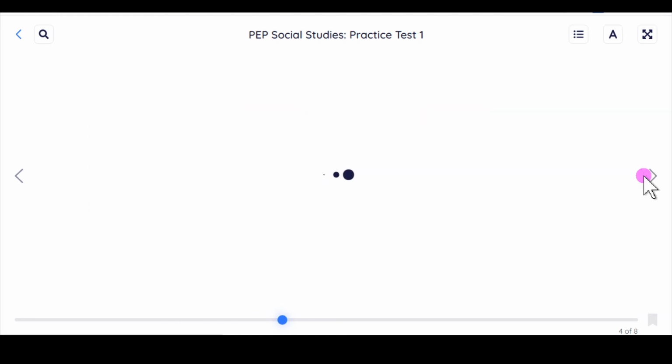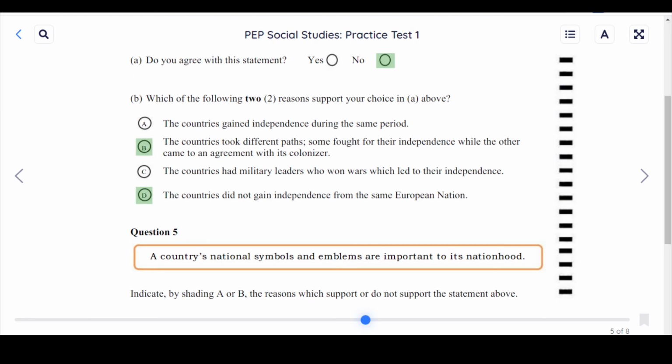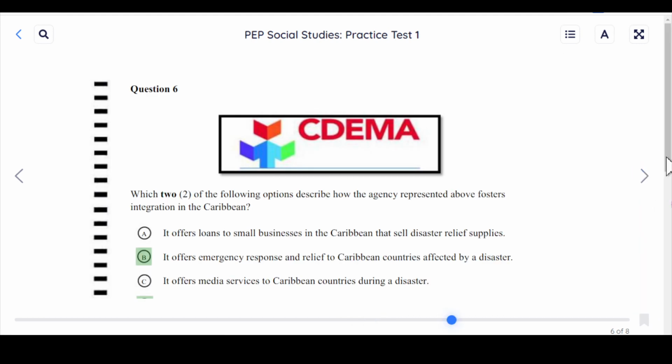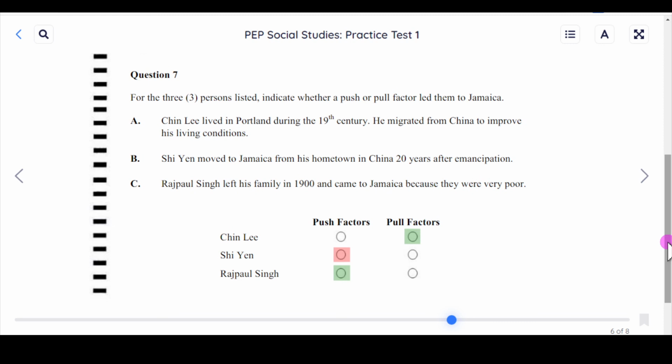Let's go back to question 7. Even though it says we have 2 wrong, we only see 1. It says that this is not correct. It's a push factor move to Jamaica.